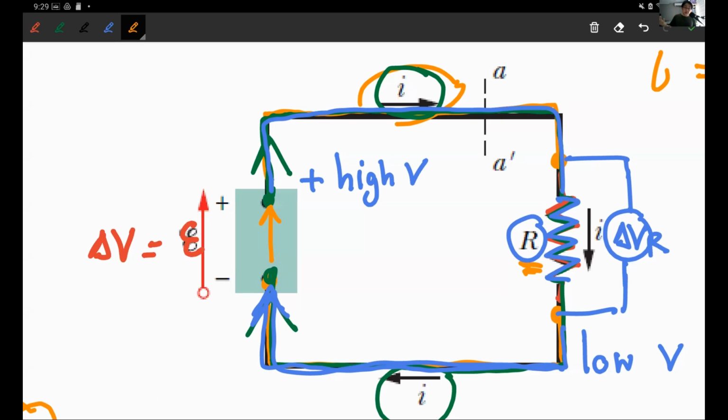Same thing as water. If you let the water go from a high floor down to the ground floor, and you want the water to get back up to the higher floor, you have to pump the water up. Same idea. So you can always compare the current flow of the charge with the water flow. Pretty much the same thing.